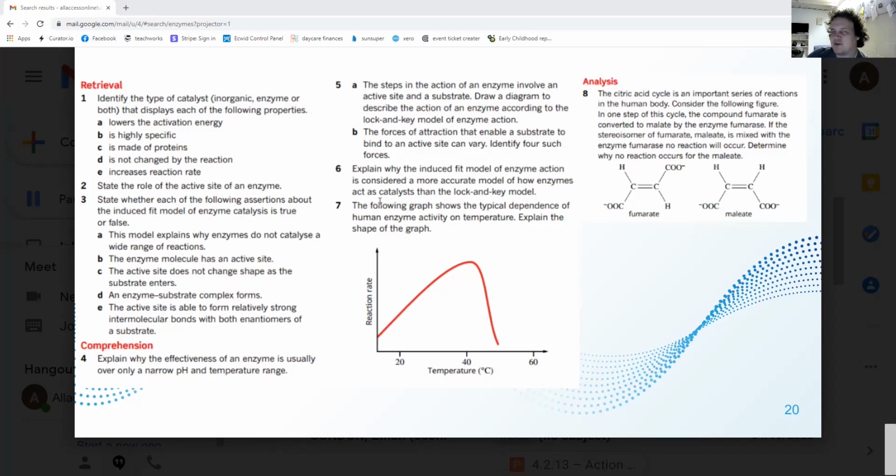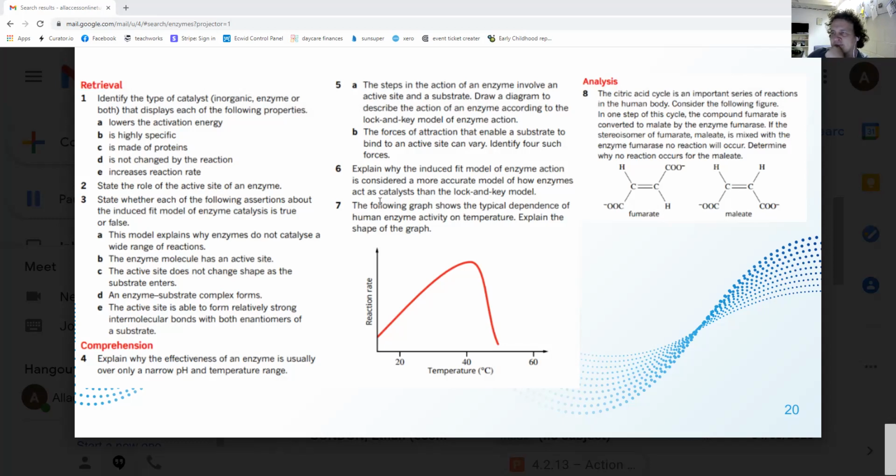So the induced fit model does not explain why enzymes do not catalyze a wide range of reactions. That would be the lock and key model. So the enzyme molecule has an active site. I mean, that's for both of them. So the active site does not change shape as the substrate enters.